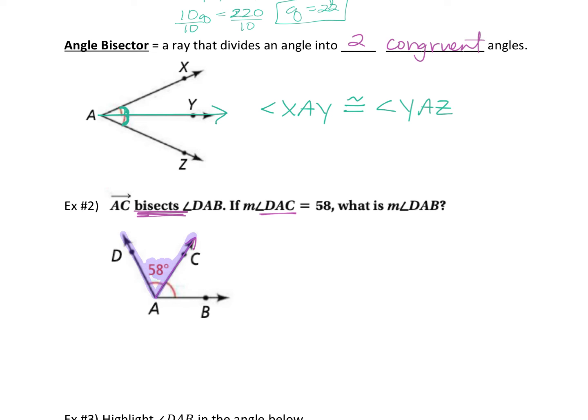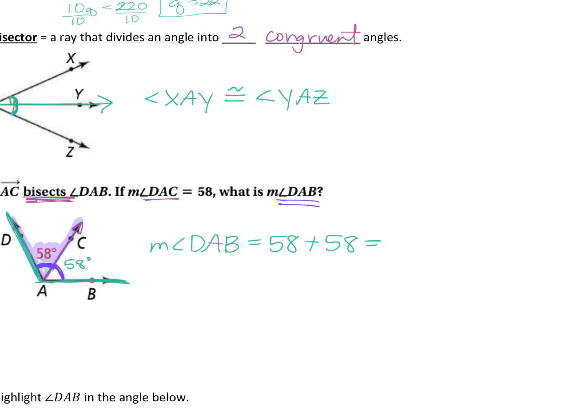And they told us it is bisected, meaning this angle is congruent to that angle. What is the measure of DAB? Look at DAB here. Here's DAB is the whole thing. 116, right? If they're congruent, then this is 58. So the measure of angle DAB would be 58 plus 58, which is 116.